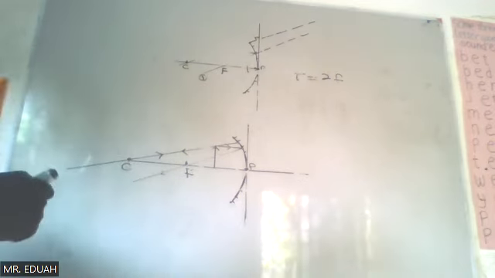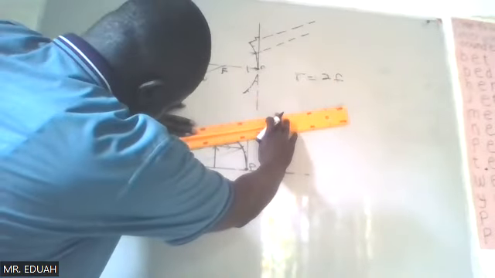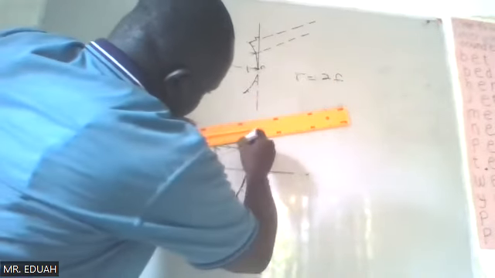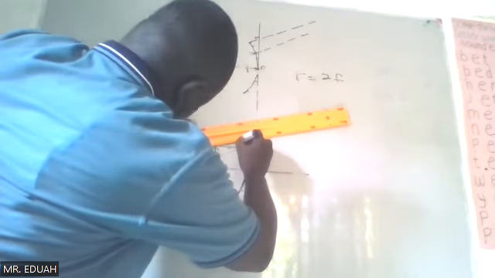So if you have a situation like this, extend the reflected rays backward. So I'm extending the reflected rays backward.